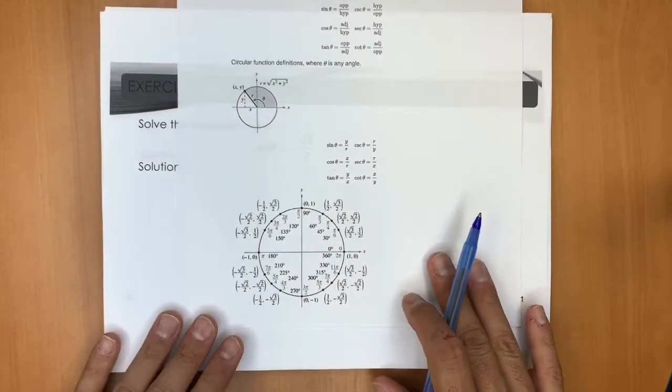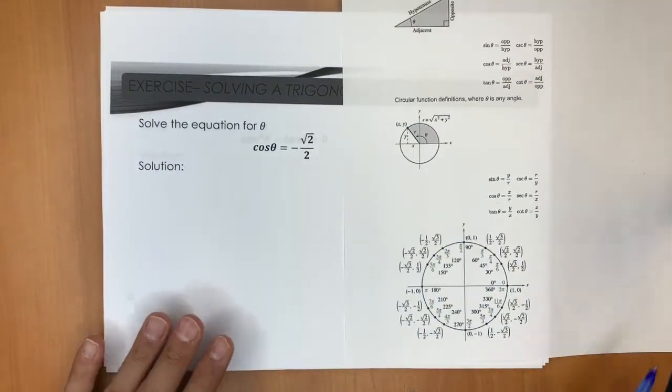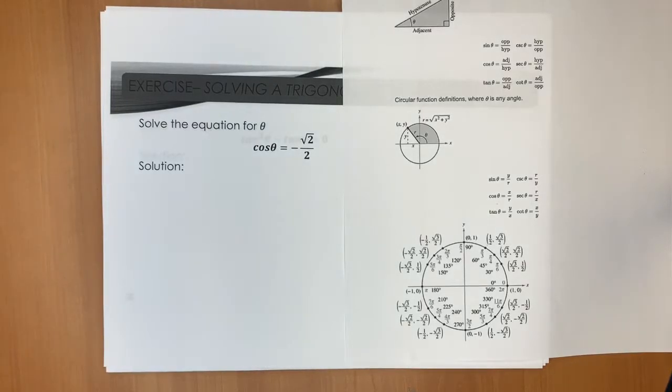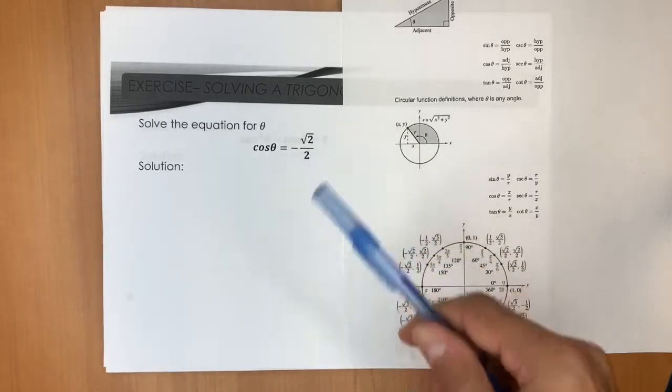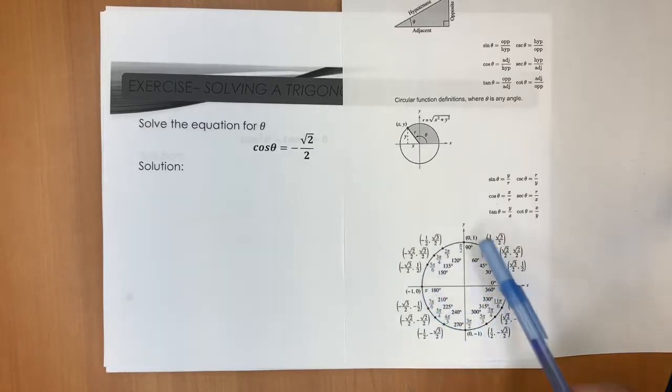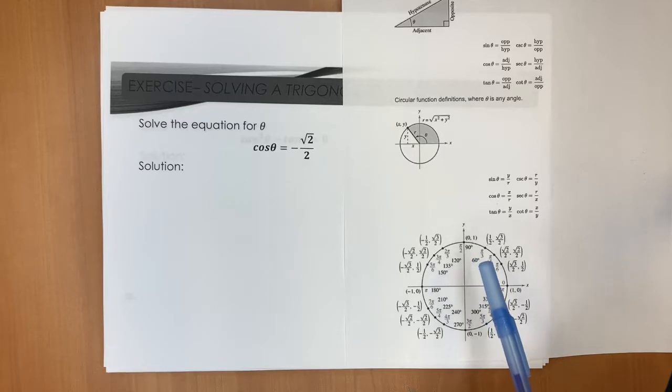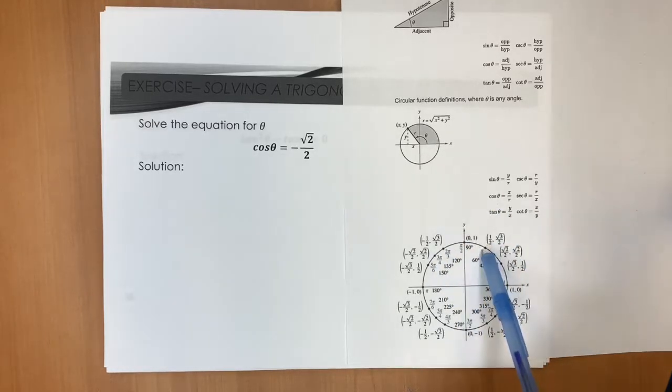With this in mind, going back to the trig equation, we're given cosine theta to be negative root 2 over 2. The first observation is that negative root 2 over 2 is a known number on the unit circle. As you see, you have 30, 45, 60 degrees, and then 120, 135, 150 degrees, and these are the radian versions of those: pi over 6, pi over 4, pi over 3, 2 pi over 3, and so on.